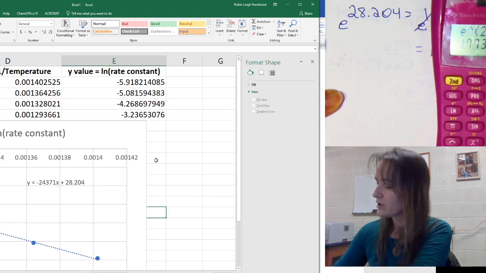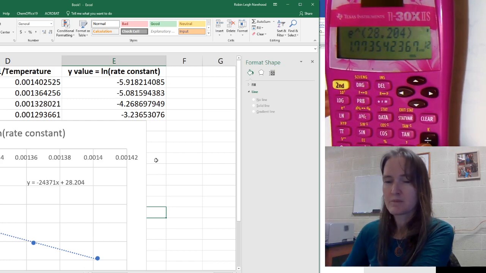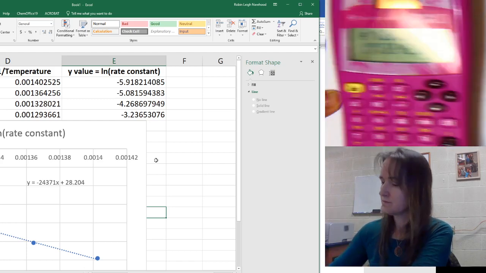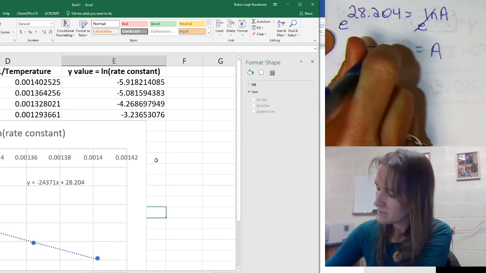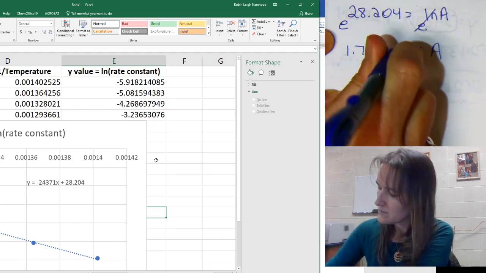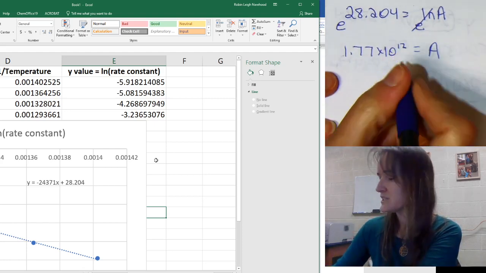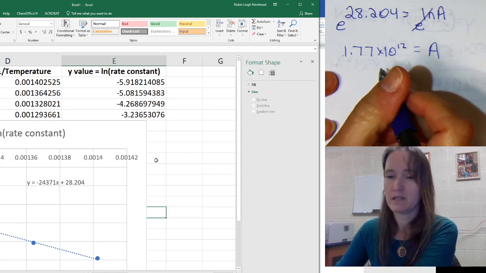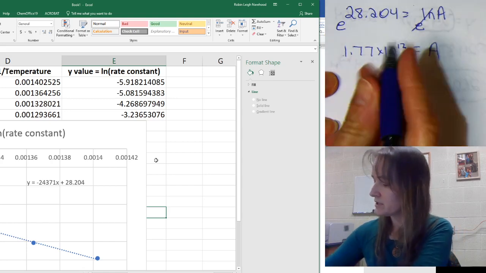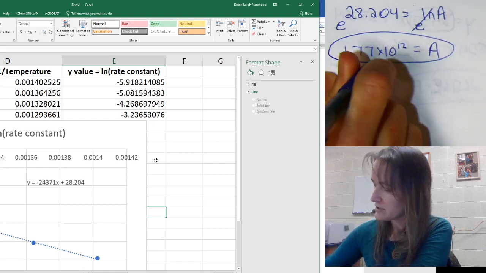And so we get 1.77 times 10 to the 12th. And that is the frequency factor, which is the number of collisions that happen per whatever the time period is for this experiment. And so A is the frequency factor.